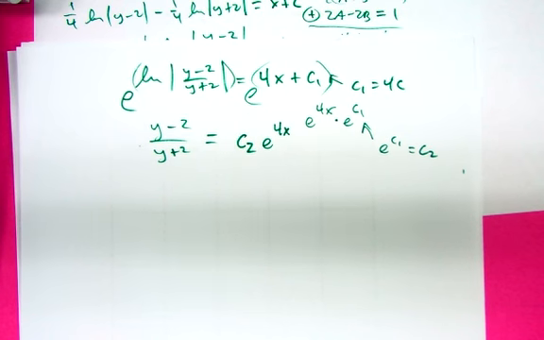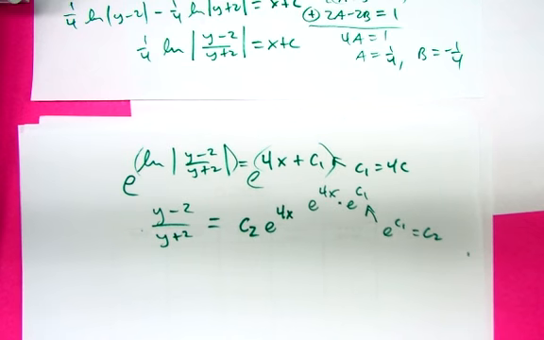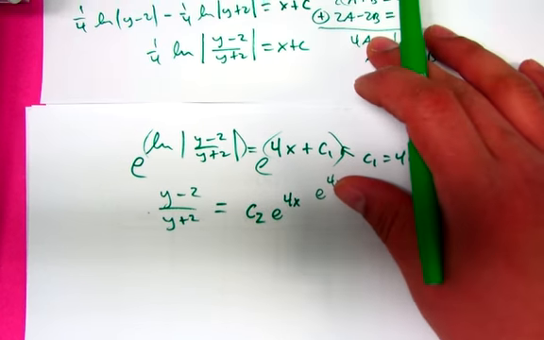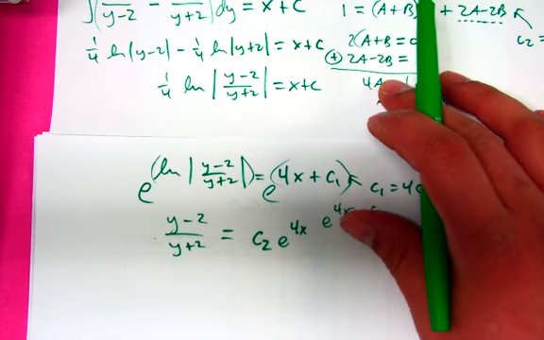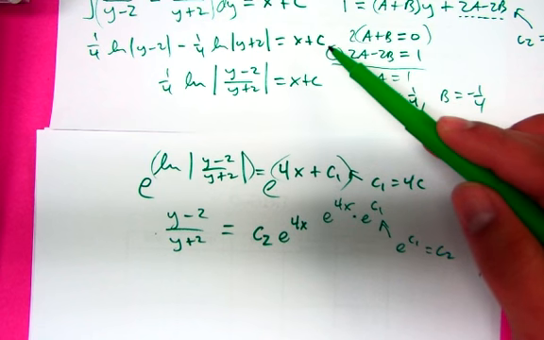Isn't that plus or minus, the absolute values? Isn't there a plus or minus? C2 equals plus or minus e to the c1 because of the absolute values. It got dropped. No, because if you go back to the very first equation that we had, you can't make this side negative.